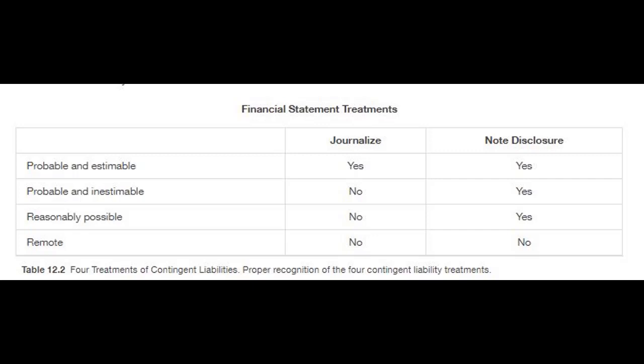Those are contingent liabilities. They are some of the more unusual types of liabilities that you will face, and that's why we spent a few minutes talking about it in this video.